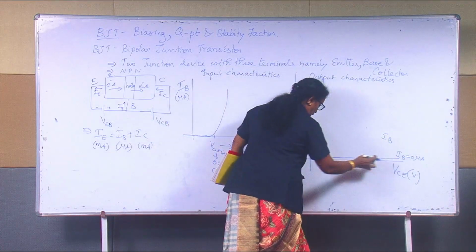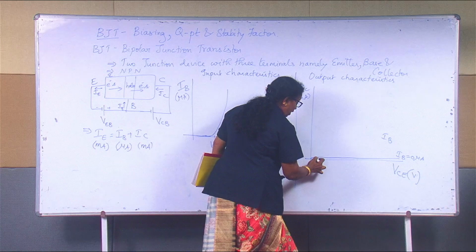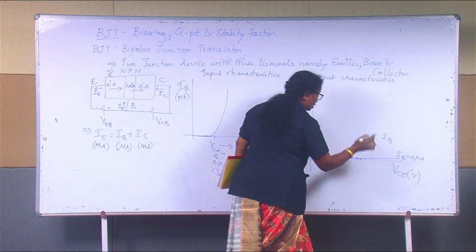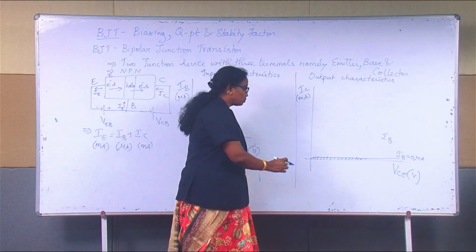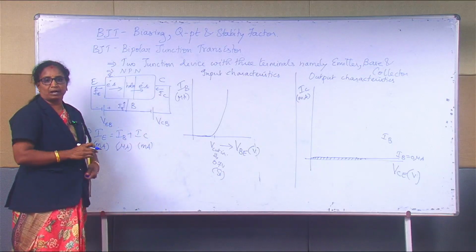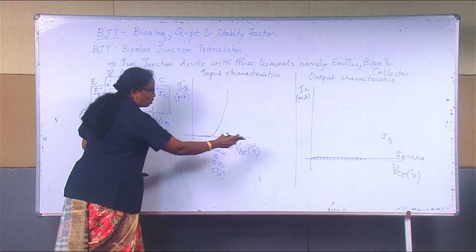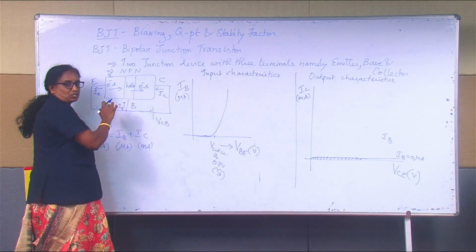With this condition, as I increase my collector to emitter voltage, I have some small current. Actually speaking, without the input, I should not get any current at the output terminal. But why do I get a small amount of current? It's because of minority charge carriers.